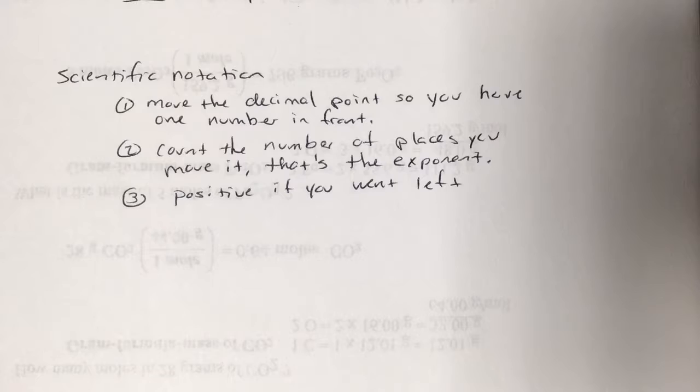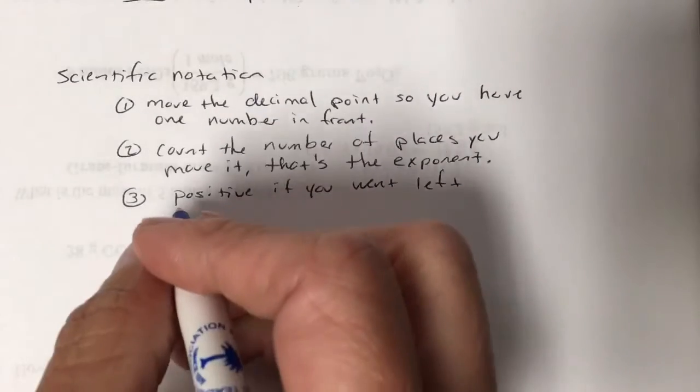That exponent will be negative if the number you started with was less than 1, or you move the decimal point to the right.